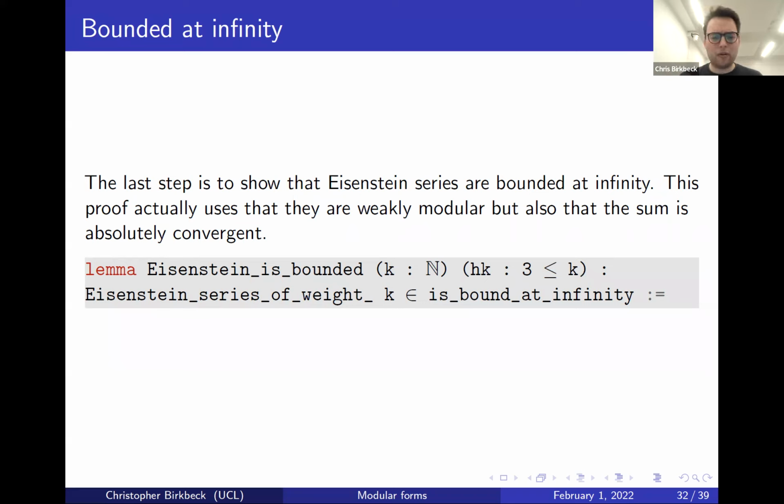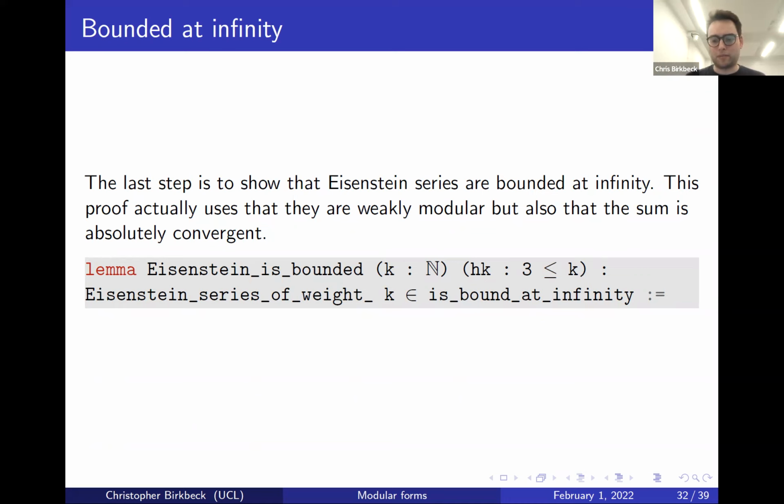I won't go into the details of this, it's not too hard, but the idea is, because my function on the upper half space is a function of level SL2(Z), if you plug in the matrix (1, 1, 0, 1), you'll see that these functions have to be periodic. So f of z plus 1 has to be the same as f of z, from the Eisenstein series. That basically means it doesn't matter how far I translate to the left or right on the upper half space, I can always translate my function so that I'm just working on one of these little slices.